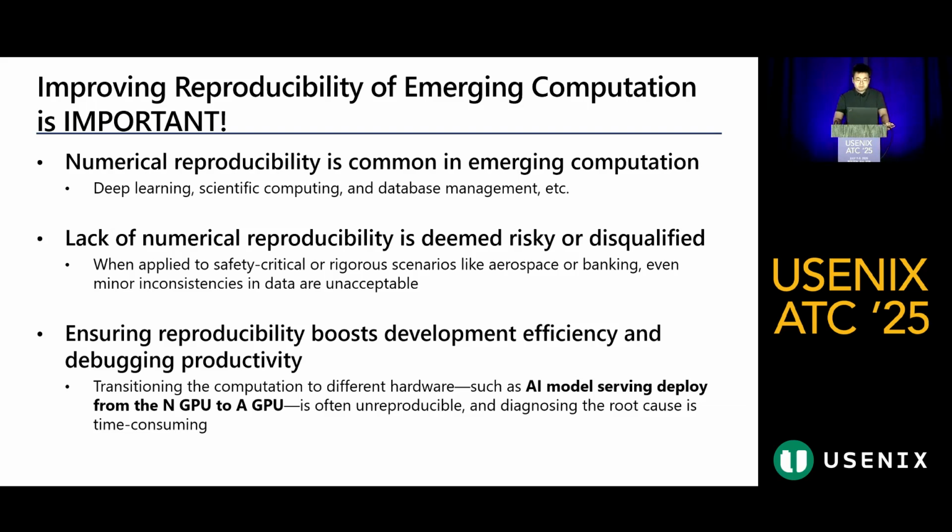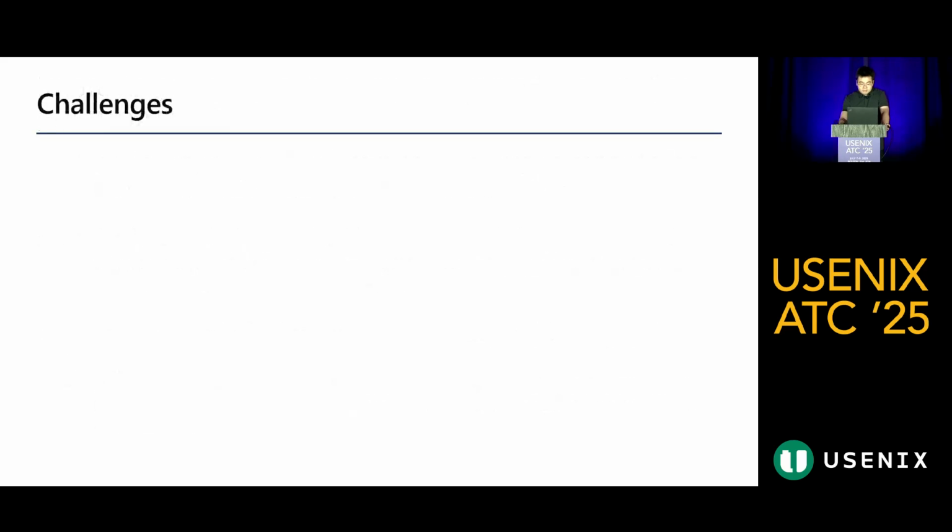Finally, ensuring reproducibility boosts development efficiency and debugging productivity. For example, if we want to deploy an LLM on an N-series GPU, but later I get some A-series GPU, I deploy the same LLM, and they produce different outputs. We have no idea and spend lots of time to debug the root cause.